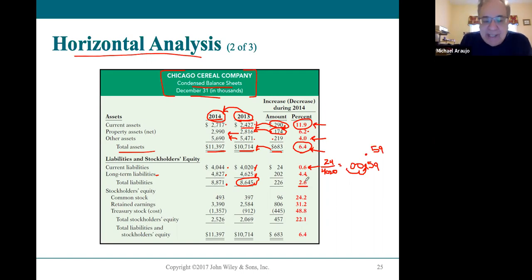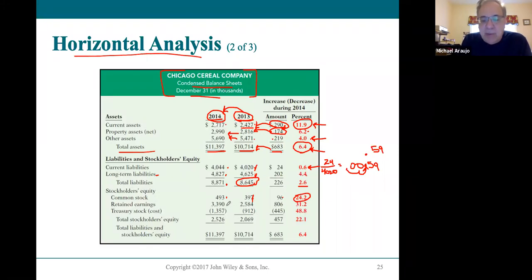And you do the exact same thing for stockholders' equity. Common stock was at 397. It increased to 493. That's an increase of 96. 96 divided over 397 is a huge increase, 24.2% increase in common stock. All right, that's really big.